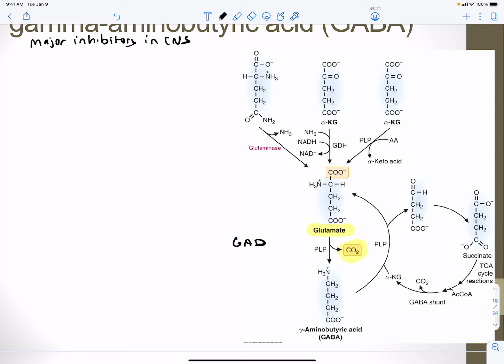which is glutamic acid decarboxylase. And GABA is going to be recycled by what's called the GABA shunt, and that conserves both glutamate and GABA.